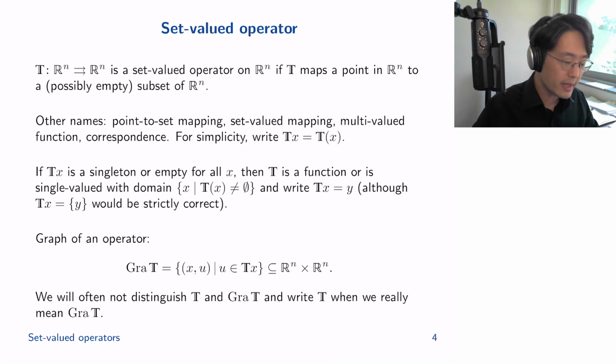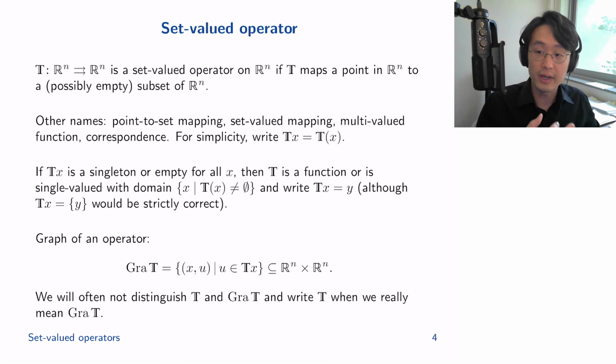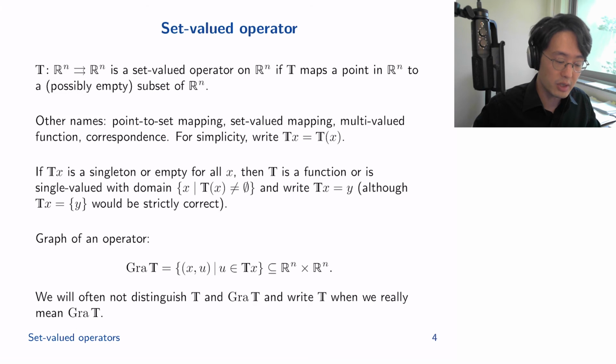Now, mathematically, the operator T and the graph of the operator are equivalent. So given an operator, you can define the graph of the operator. And given a graph of an operator, you can go back and define a corresponding set-valued operator as well. So these two objects are equivalent, and therefore, we often will not distinguish them, not just notionally, but also notationally.